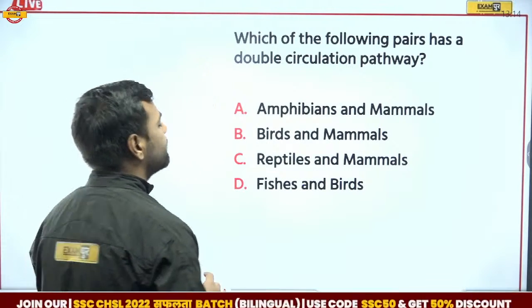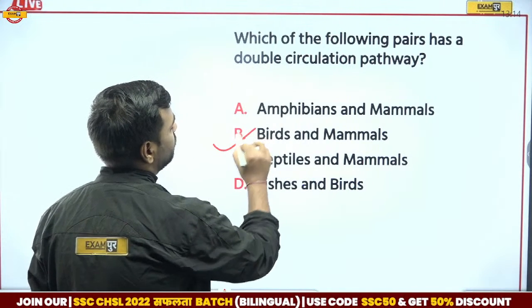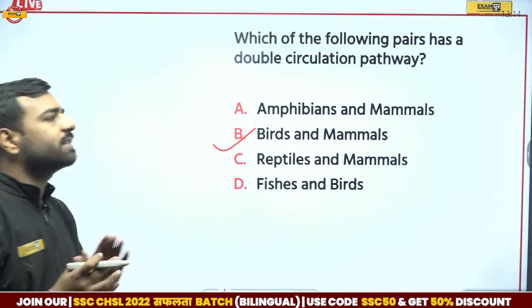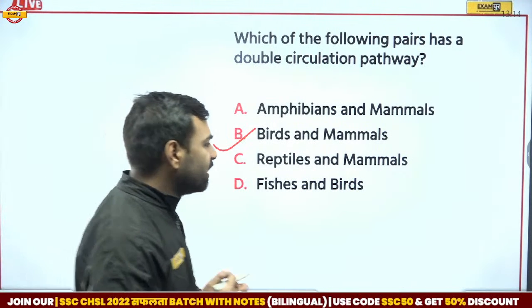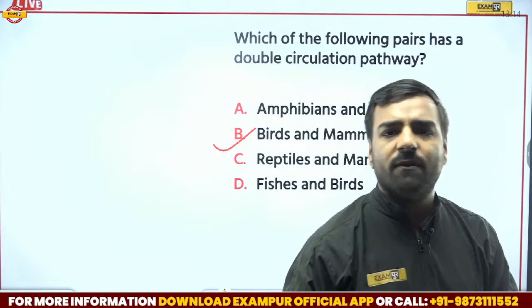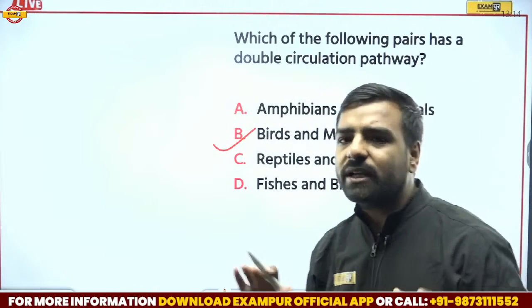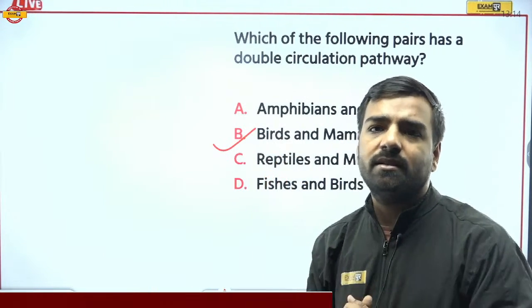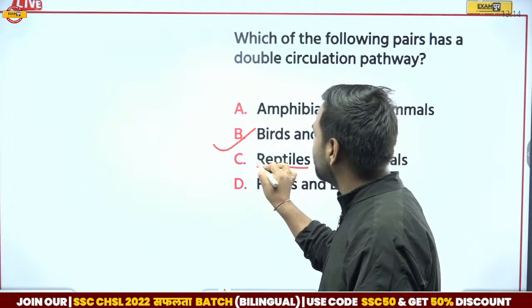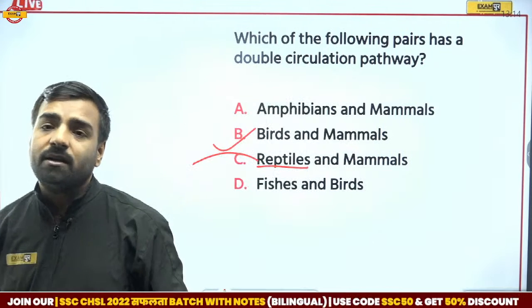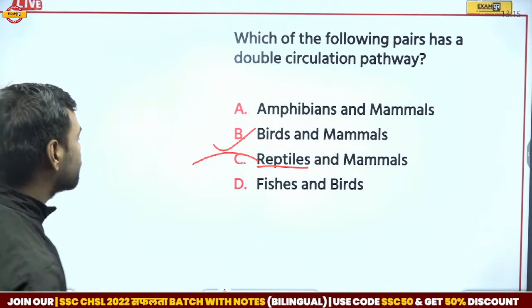When we talk about birds and mammals, please remember they have the double circulation pathway. But if I talk about reptiles and the other options, where we can talk about amphibians, they do not have those 4-chambered hearts, except there's an exception. If I talk about reptiles, we know that their hearts are actually 3-chambered. But one of the exceptions is the crocodile.